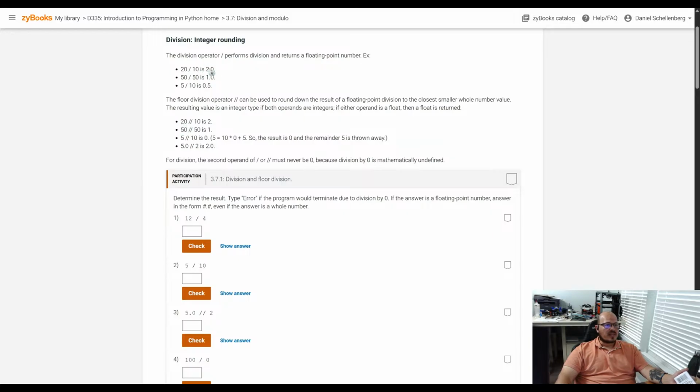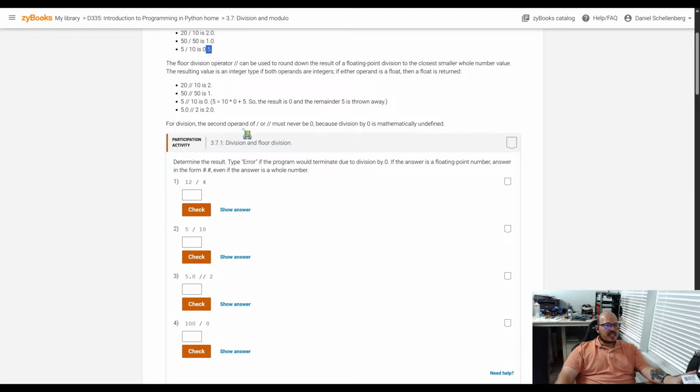So we can see here it drops to 0 and 2 is 1. 5 floor division 10 is 0, so it dropped everything here. So 5 equals 10 times 0 plus 5. So the result is 0, and the remainder, 5, is thrown away. 5.0 floor division 2 is 2.0.